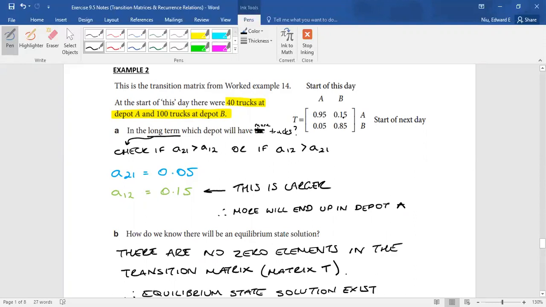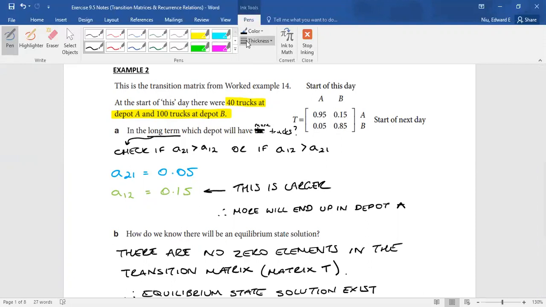Why? Because the number of trucks that start in A and end up in B is this bottom left value, and the number of trucks that start in depot B and end up in A is the top right value. These two values or percentages will tell you the movement between the depots.